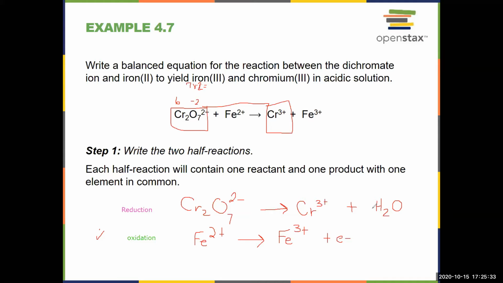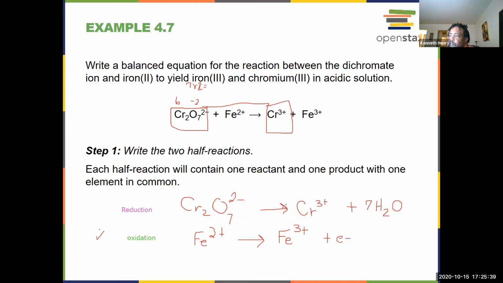I need 7 because we have a 7 here, right? Also, let's look at the chromium. How many of these do I have? 2. So I need to make sure that's balanced too, right? Yeah. Okay, so I need 7 waters.